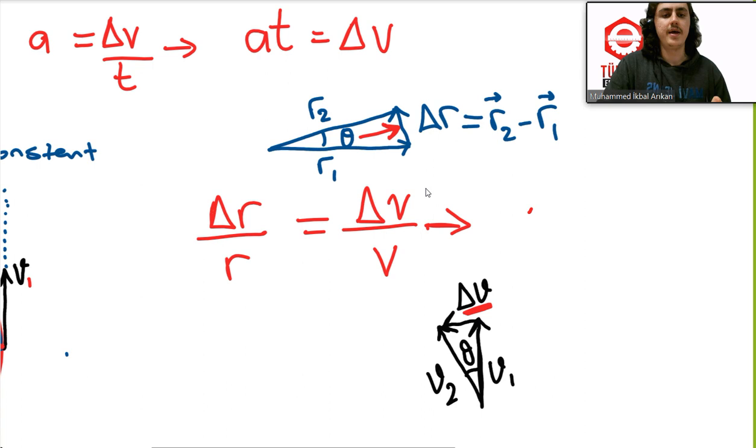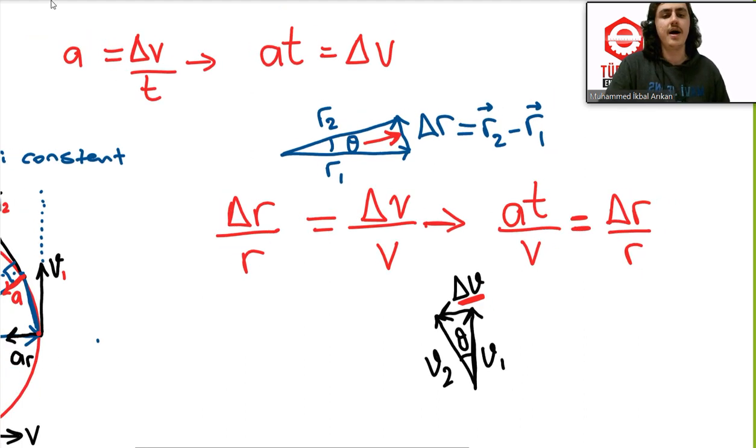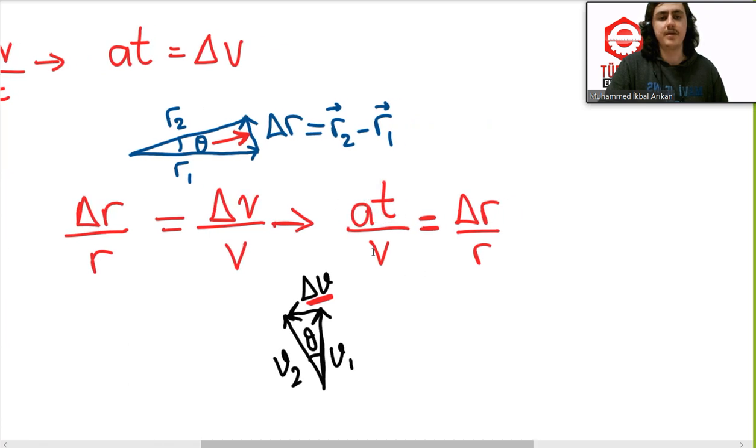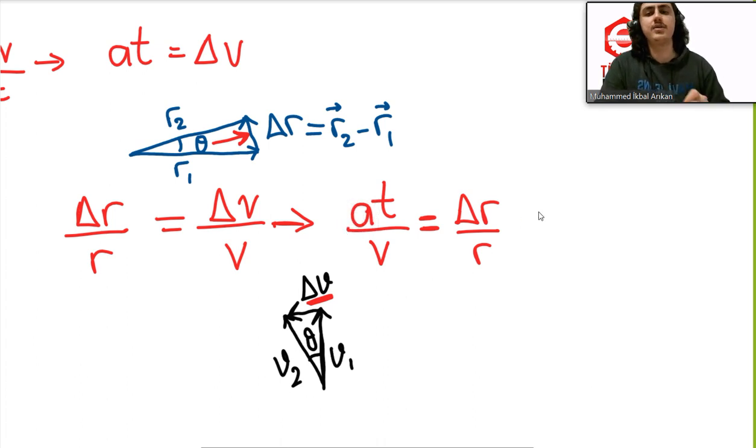So A times T divided by V will give me what? Delta R divided by R. But here, I must get rid of times and velocity because I need just acceleration here. So I will just multiply both sides by V over T. So V over T here.